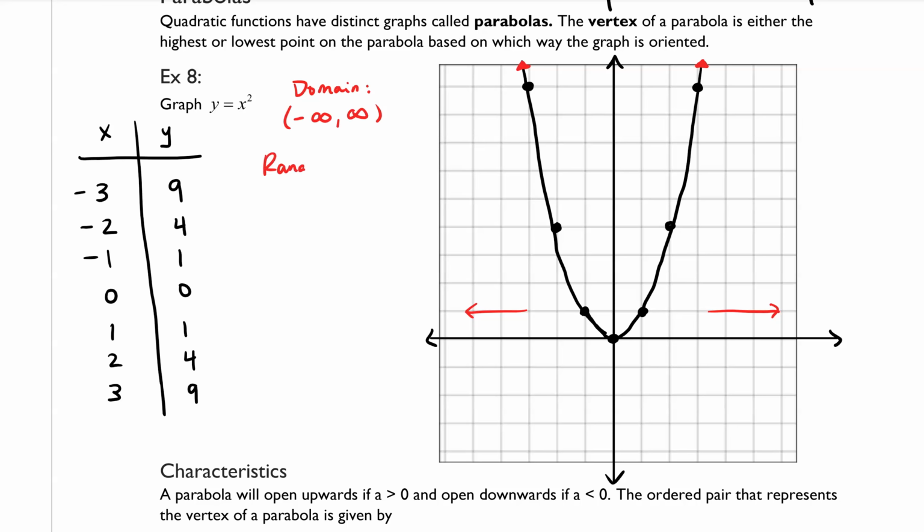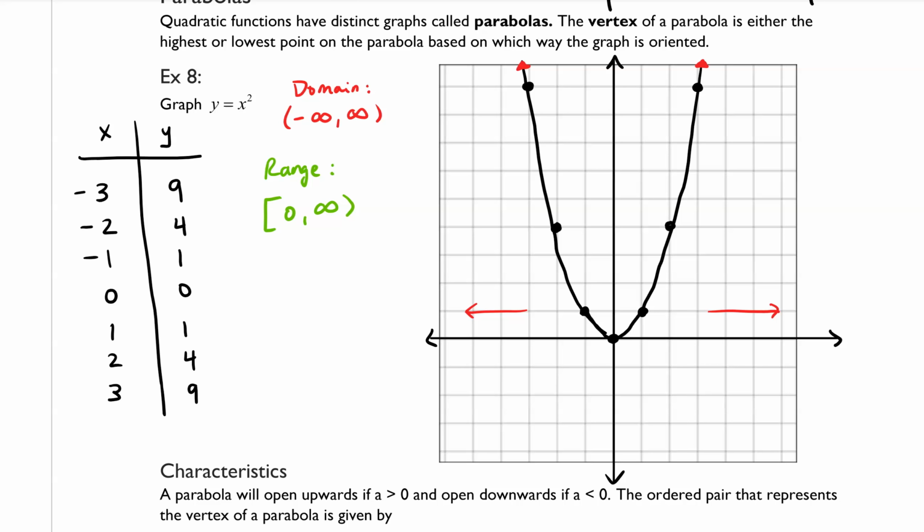And then our range, maybe I'll do that in a different color. Our range is the possible y values. Now, notice that our graph does not fall below the x-axis. Because we're squaring our input values, that means that everything's either going to be 0 or positive. So then our range would be 0 to positive infinity.